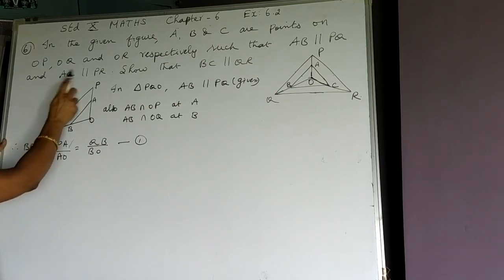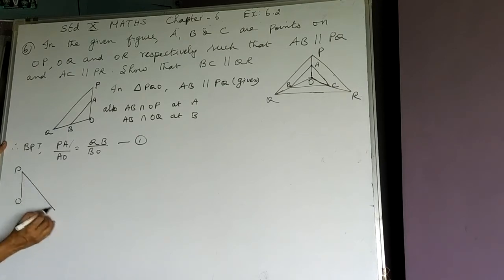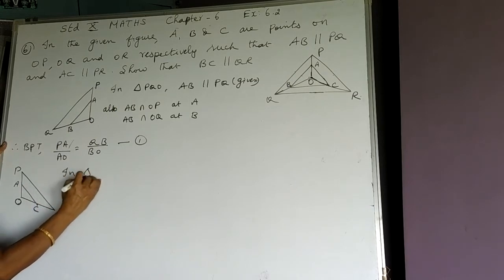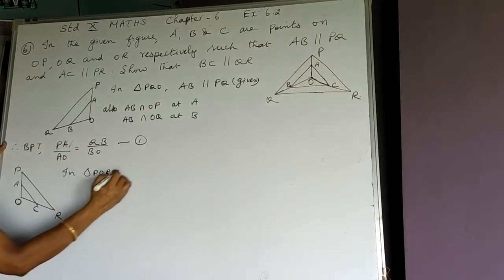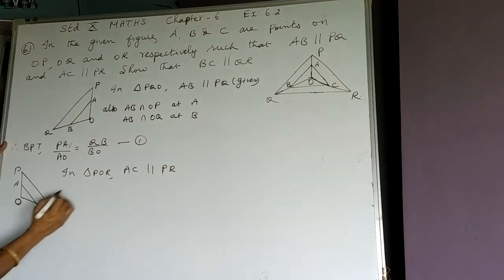Now we are going to take another triangle in which AC is parallel to PR. Which triangle? It is OPR. In this, AC is drawn parallel to PR. So as before, let us write the statement. In triangle OPR, AC is drawn parallel to PR.